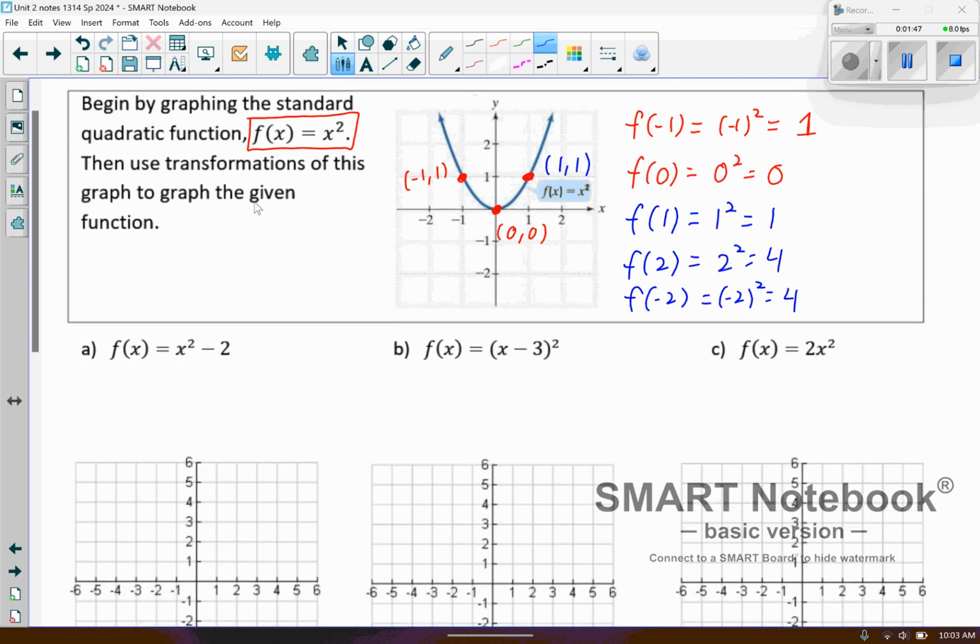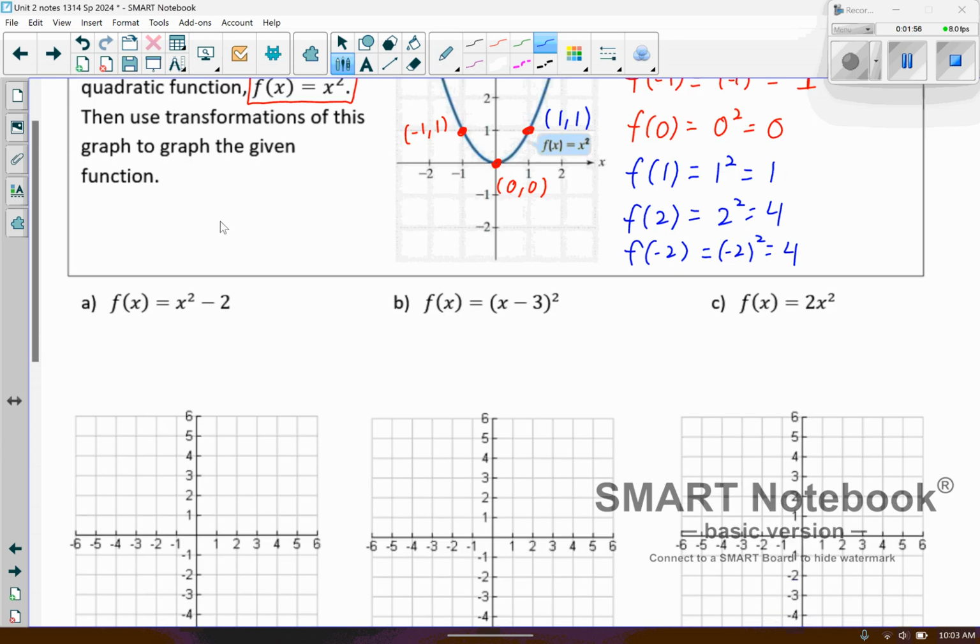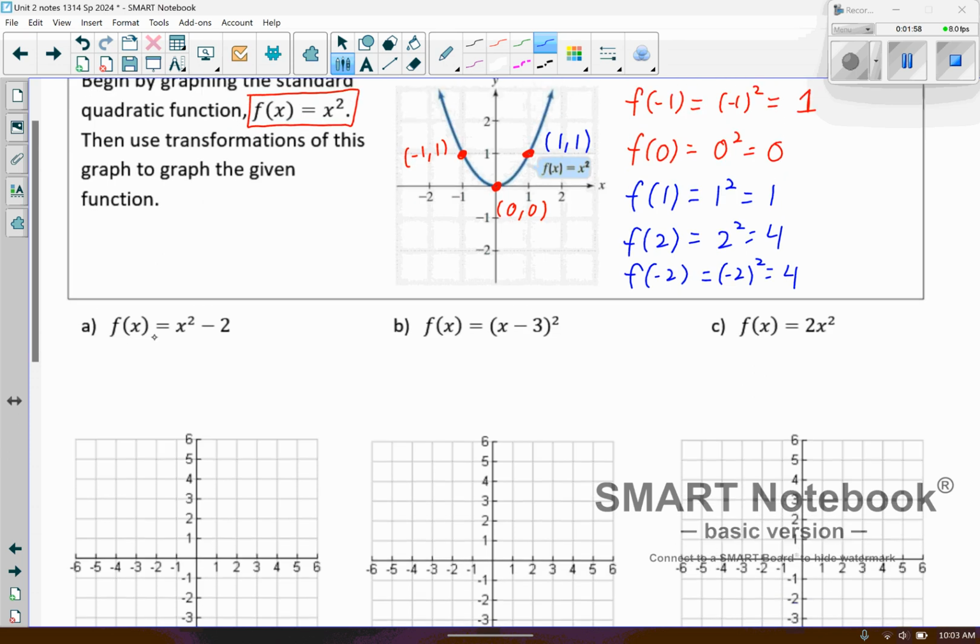Okay, this is going to be very similar to the previous lesson. We're going to use these 3 points and then use the transformation to graph the new function. Right here we have f of x is equal to x squared, the parent function, minus 2. So the transformation is that we're going to go down 2 spots.